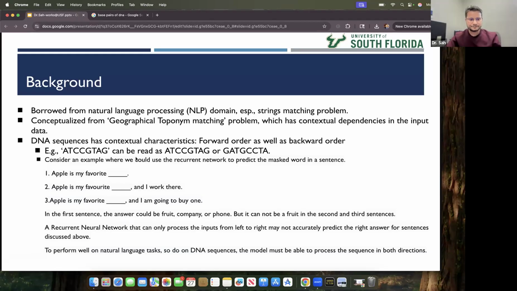In the same way, in the context of DNA, take the rearrangement of the sequence. Let's say this segment is not exactly the same as that one. So this segment and these segments are entirely different. However, the characters, the nucleotides as we call them, are the same in both cases, right? The only difference is the arrangement.